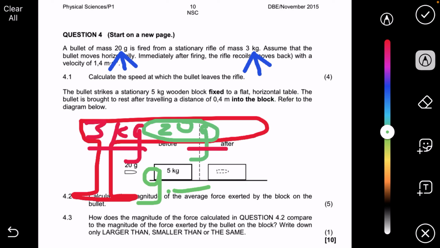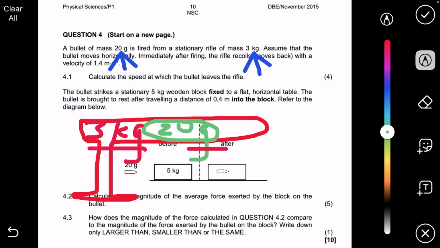Okay, so for now, ladies and gentlemen, I want you to notice something. Remember, they said that this bullet is fired from a stationary rifle of mass 3 kg. There's something very much interesting.